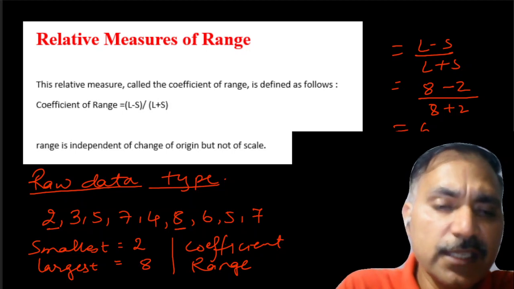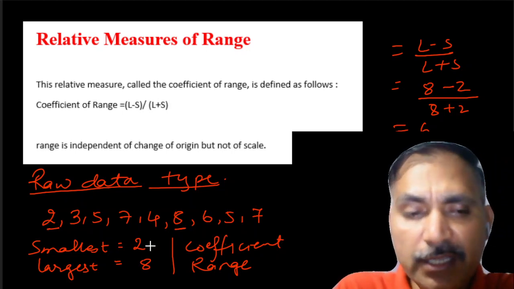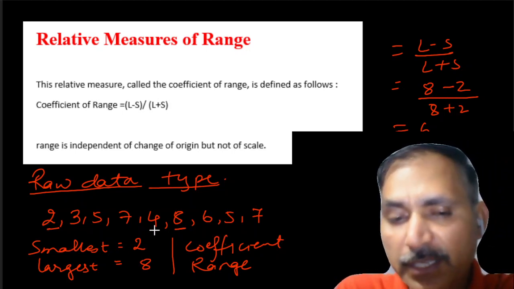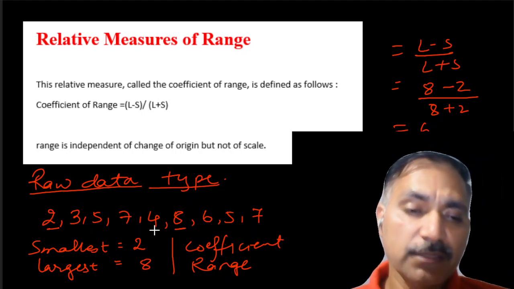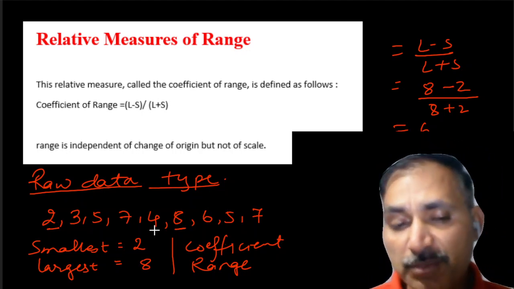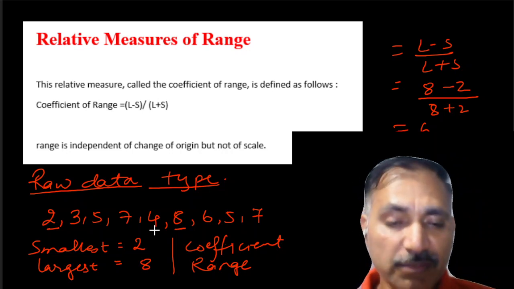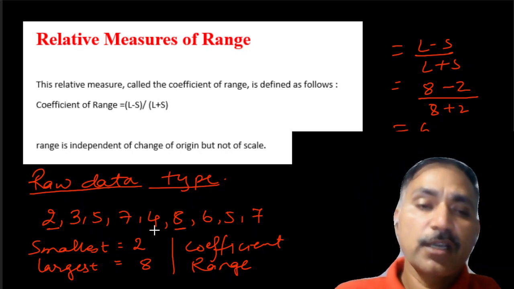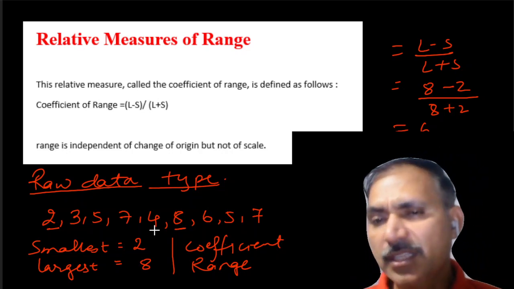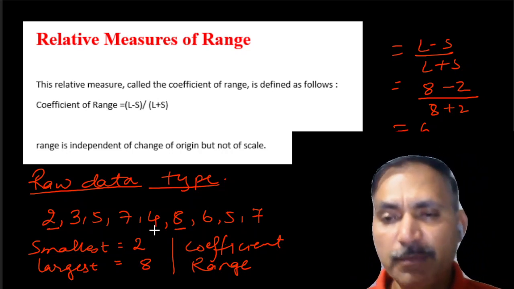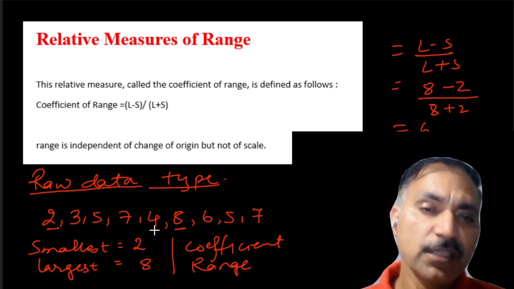Here in this case we had been given the raw data, that is 2, 3, 5, 7, 4, 8, 6, 5, 7. We just checked by inspection which one is the smallest observation and which one is the largest observation. And we have to find the coefficient of range, that is L minus S divided by L plus S. It is a relative measure.